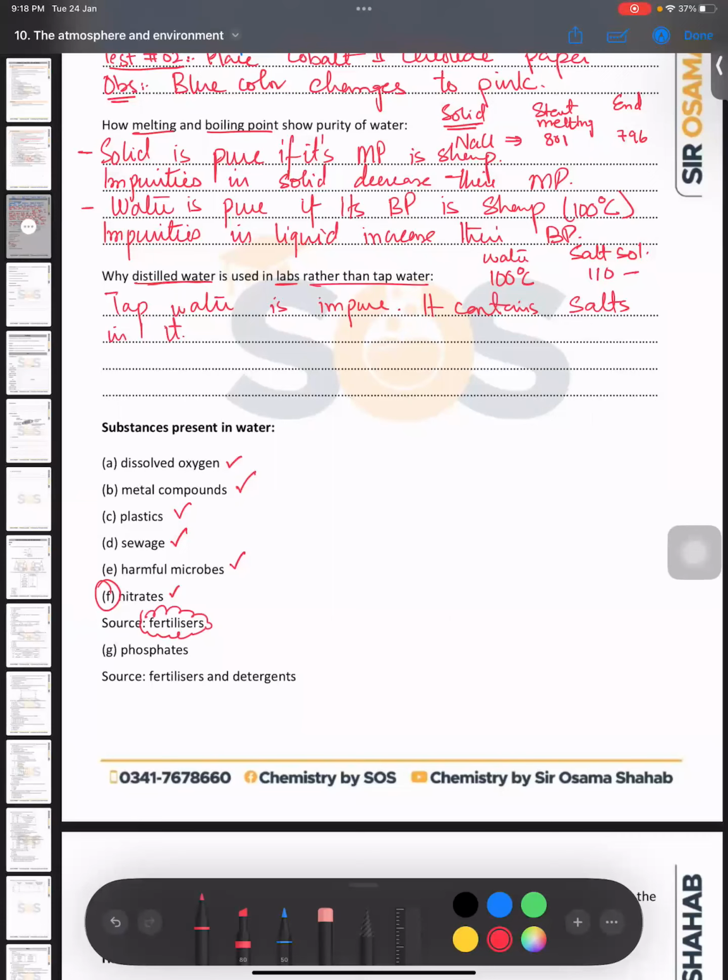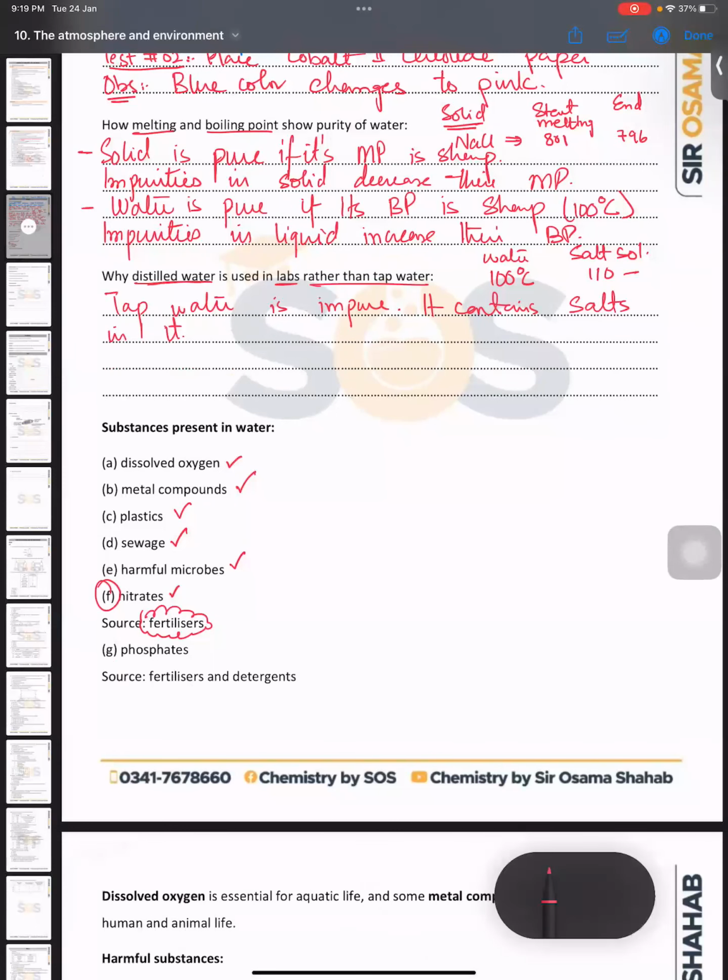And if the examiner asks why you use nitrate fertilizer, you need to keep remember that all the nitrate salts are soluble in water. So we must use soluble salts as a fertilizer, so it will be absorbed in lands, right? Then one more substance present in water is phosphates. And again, how does phosphate come into the water?